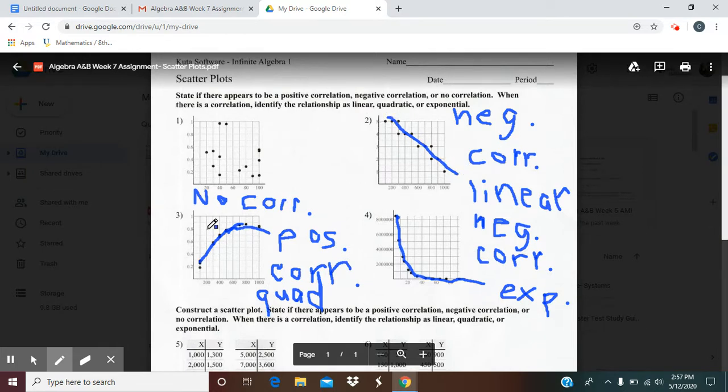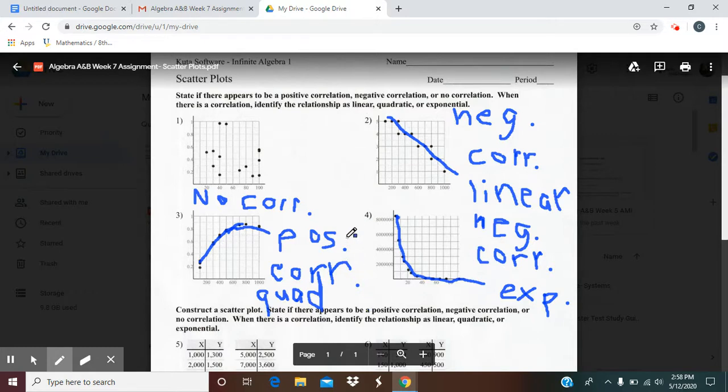Again, on number 3, we had a positive correlation because it is trending upwards from left to right. And then we called it quadratic because it has a curve to it, and then we can see it just barely starts to come back. And then on number 4, we called it exponential because of the shape that it was starting to take, and then negative because it's decreasing from left to right, or as x increases.